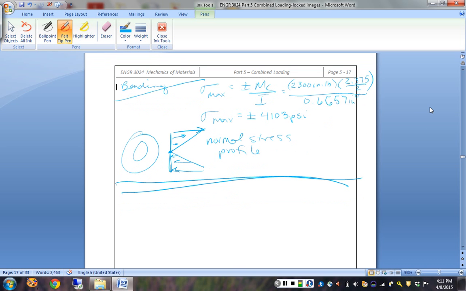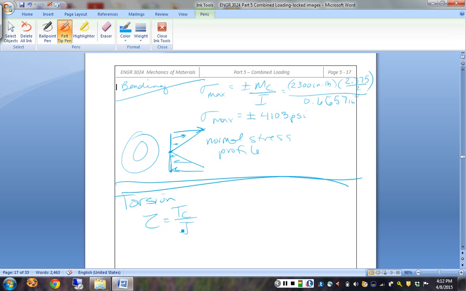We got torsion. What kind of stress, Mr. Beasley? If I twist on something, what do I get? How do I figure it out? That's the one. Okay, we figured out our I a second ago.